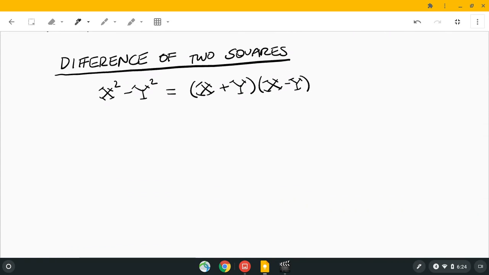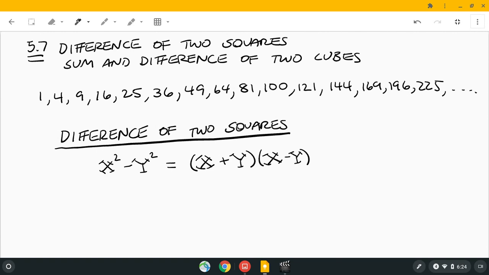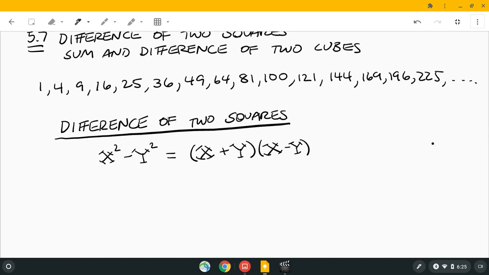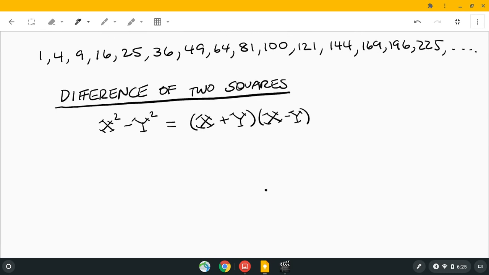If you notice here in the title, it says difference of two squares. And over here for the second part, it says sum and difference of two cubes. We don't do sum and difference of two squares because if you take the sum of two squares, it's actually not factorable under the real numbers. So if you have the sum, you just go ahead and say not factorable.